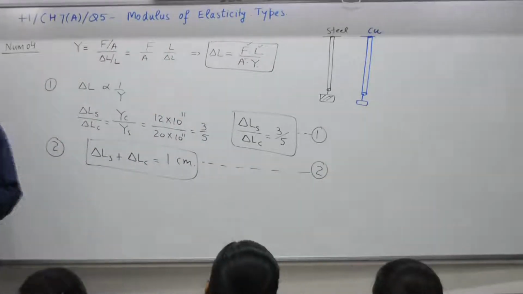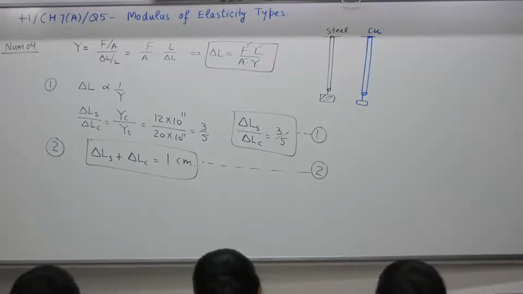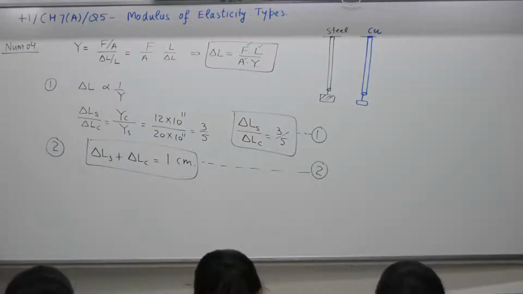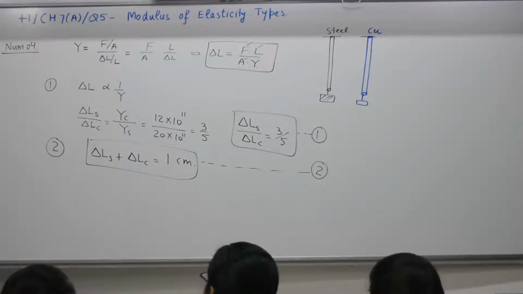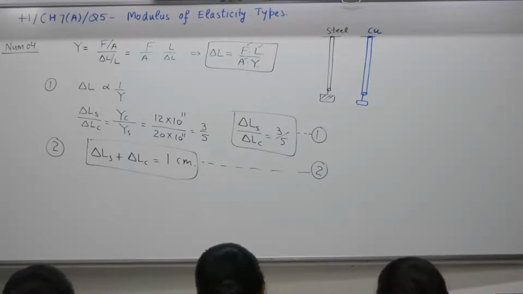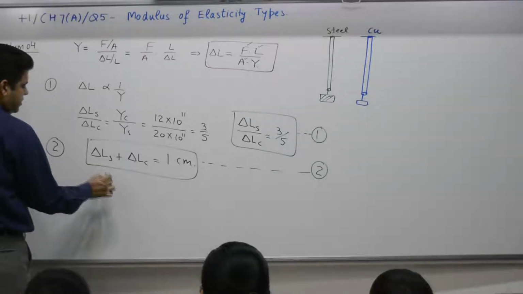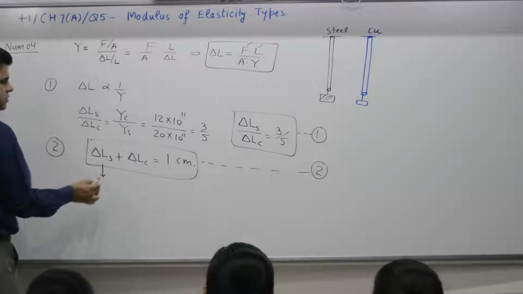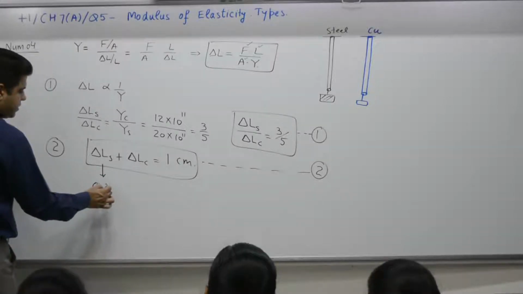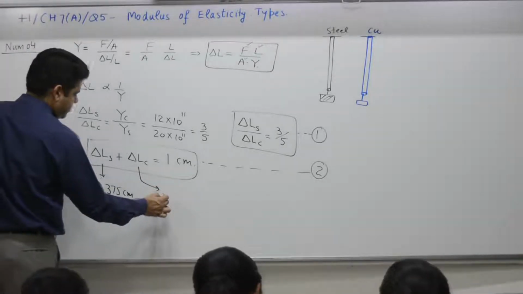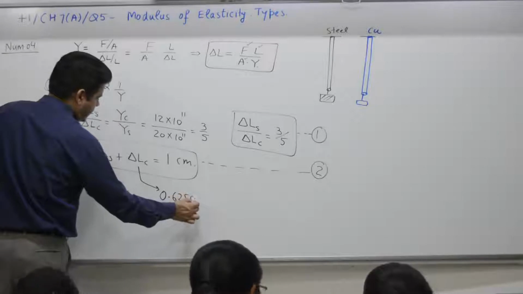Solve these two equations, two unknowns, to find delta L_S and delta L_C. Yes, the answer: delta L_S comes out to be 0.375 centimeter, and delta L_C is 0.625 centimeter.